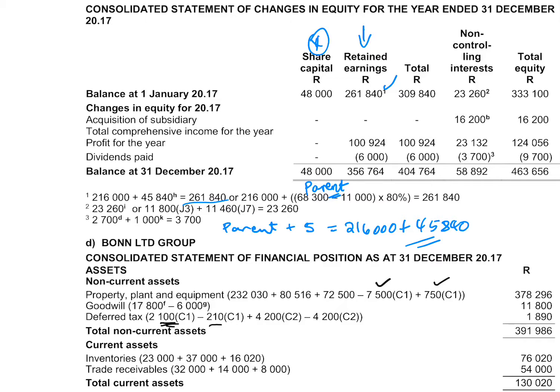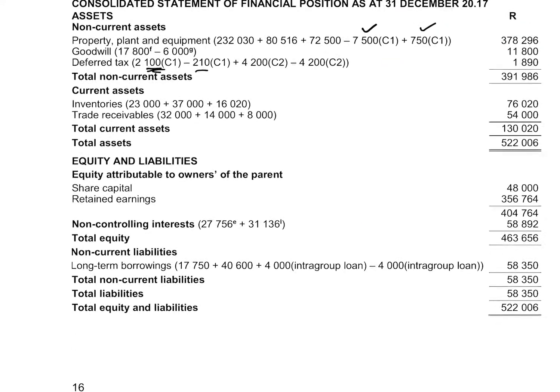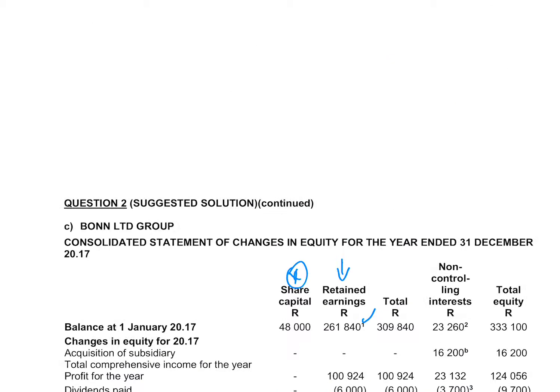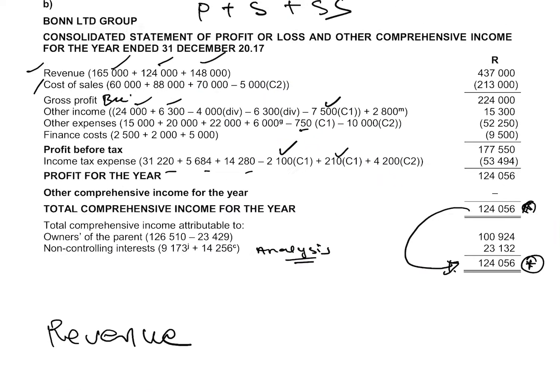And then total comprehensive income, profit for the year. You are going to take the profit that belongs to the parent. So in many cases, for the profit for the year, when you've calculated your profit and loss account, where is our profit and loss account? Our profit and loss, the profit is 124.